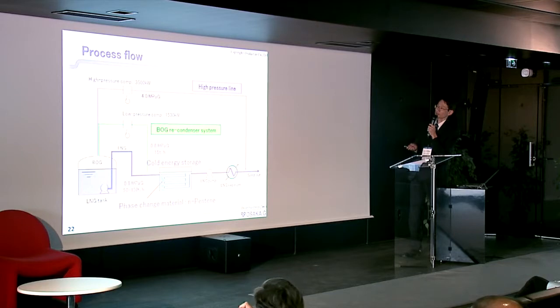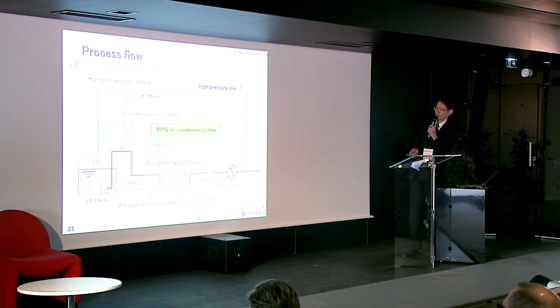But if we mix the boil-off gas into the energy, we can condense the boil-off gas here, pump it up again, and vaporize this energy. We can reduce the power consumption of the boil-off gas compressor. Typically, a 3.5 megawatt compressor is used for the high pressure line, but we can reduce the power consumption to 1.5 megawatt.